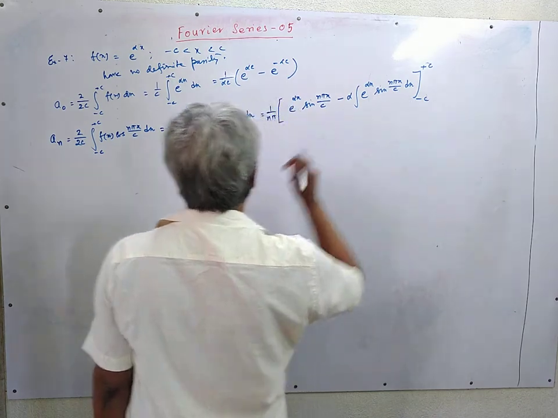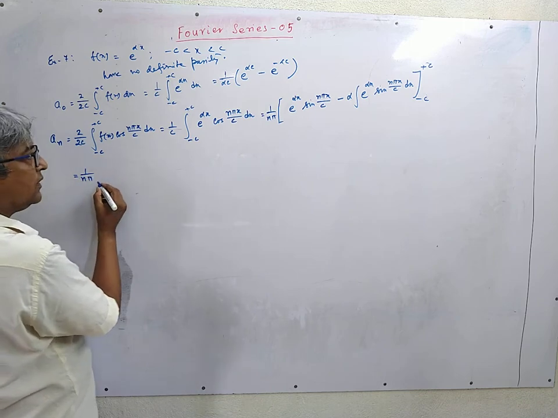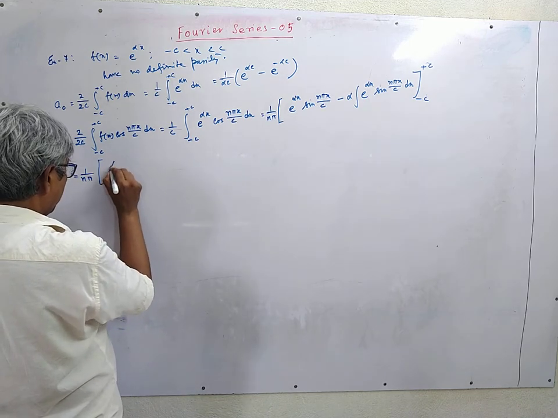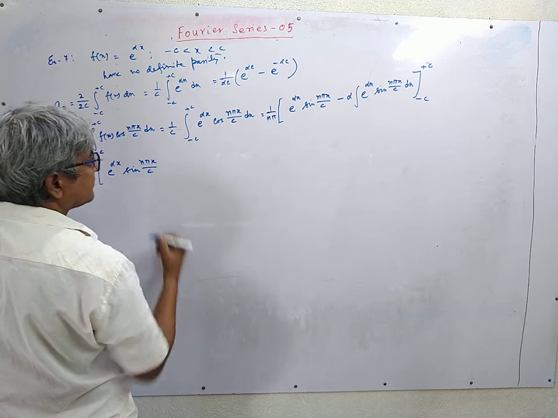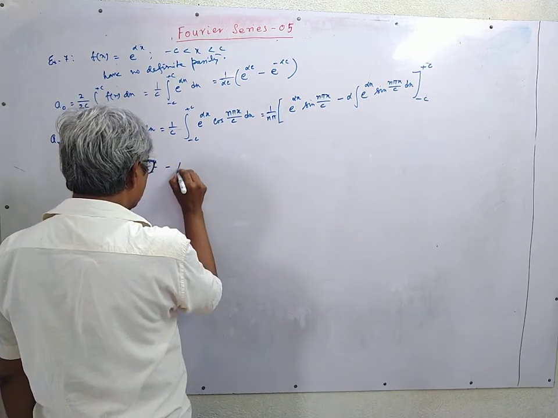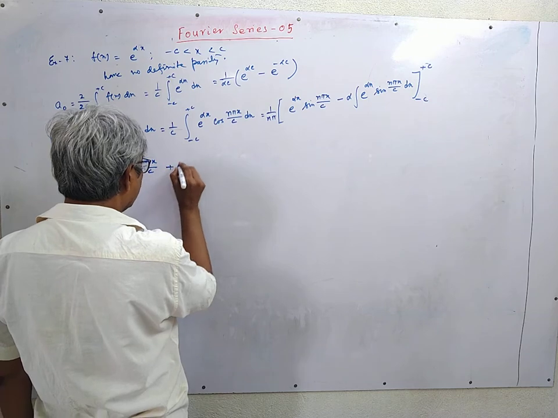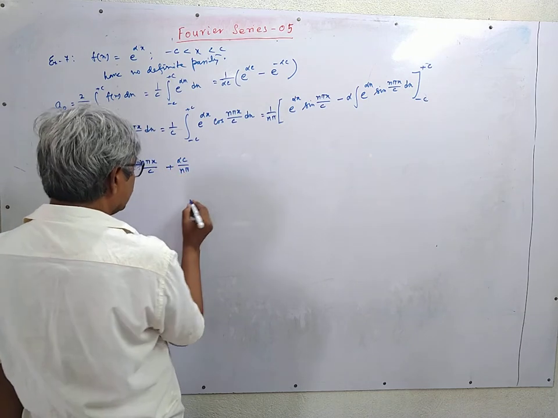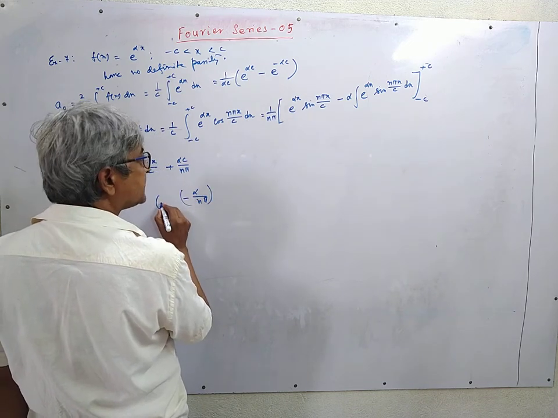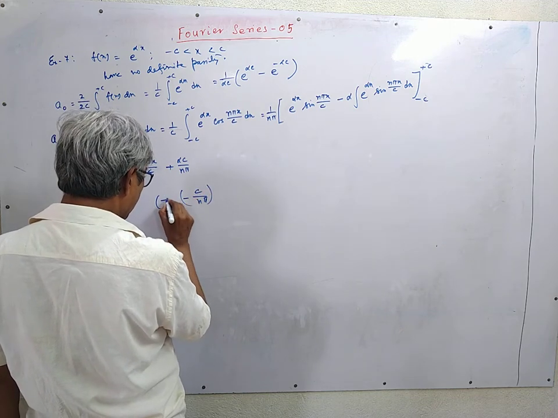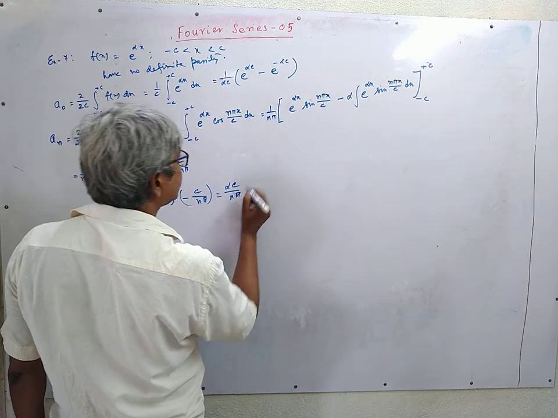We integrate it once again in parts. So the first part is 1 upon n pi is out, then we will have e to the power alpha x sine of n pi x by c, and from this minus alpha is common, and then whenever we integrate this we will have altogether alpha c upon n pi, because minus alpha by n pi will come, and there was already minus alpha, so altogether it is alpha c upon n pi with a positive sign.